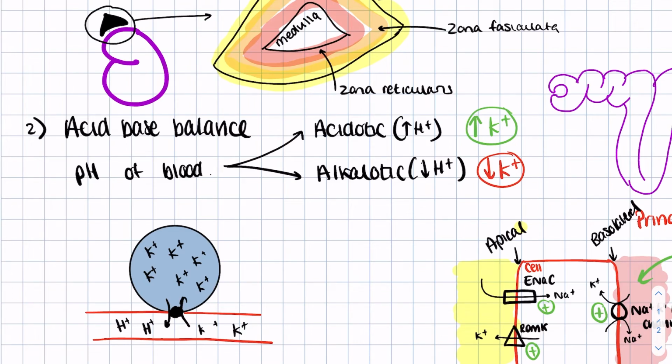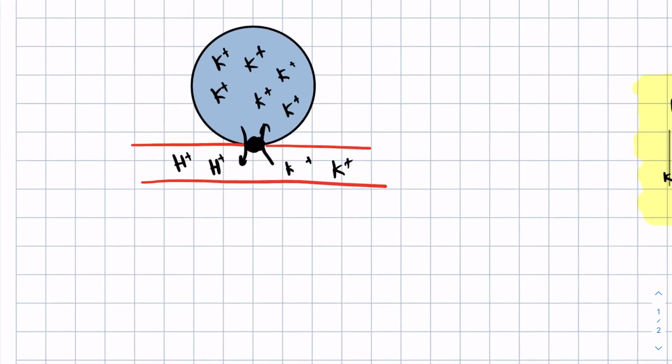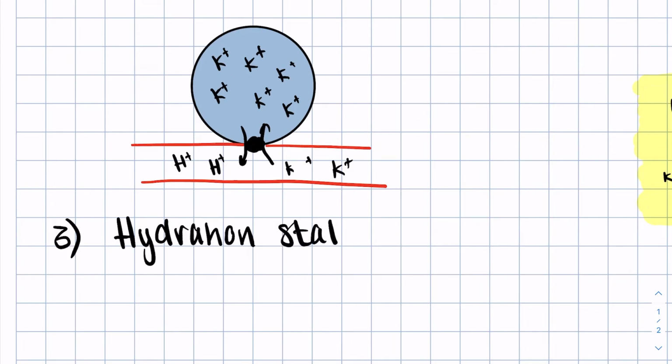What are the other causes? So, hydration status. So if someone is significantly dehydrated, the potassium will move out of the cell. Okay. Also, insulin.